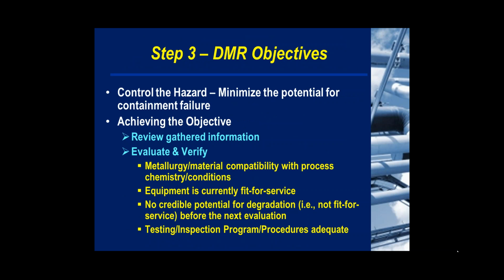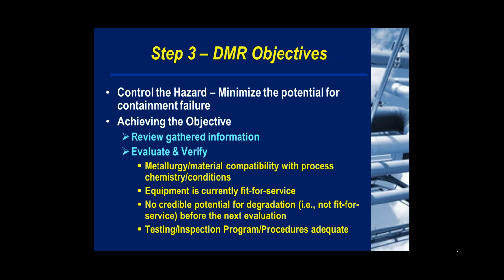Most large, highly hazardous facilities have a corrosion control program already that may be closely linked or part of their mechanical integrity program within PSM and RMP. And also as part of those programs, they may create corrosion control documents. So having all this information gathered is going to be necessary regardless of what DMR approach you use and when you do it.